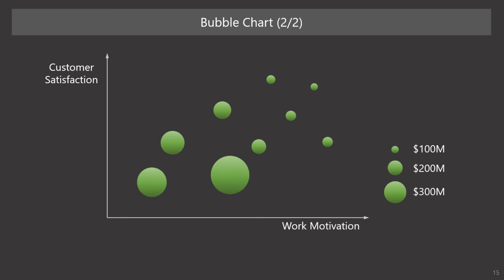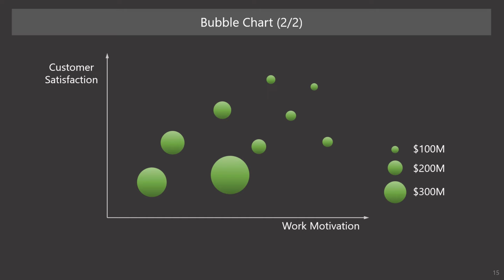In such a case, we can visualize the sales amount by the diameter of each dot. So, the dot size represents the volume of sales amount. A diameter is a continuous variable, so it is appropriate for representing a continuous variable such as sales amount.